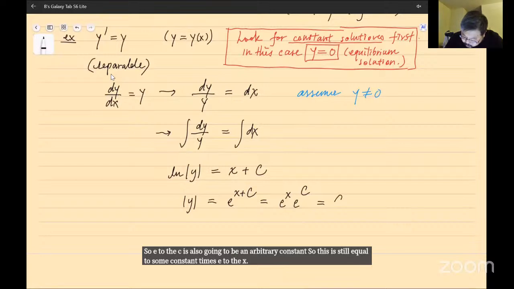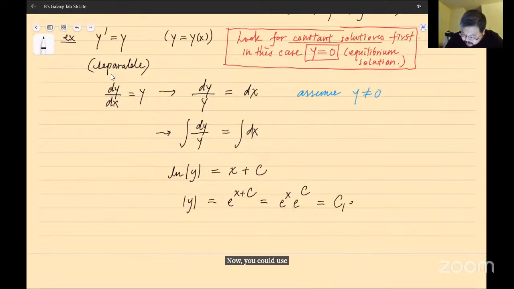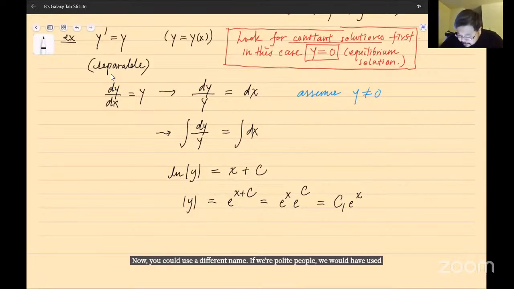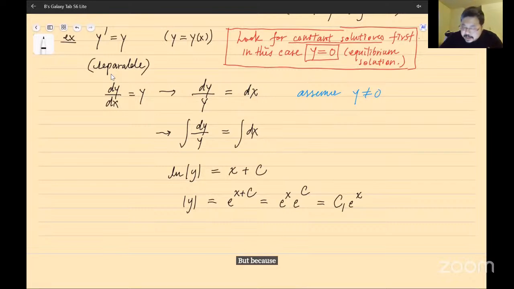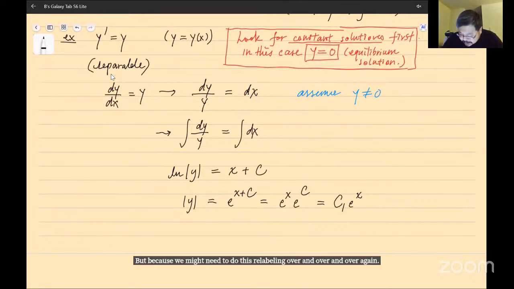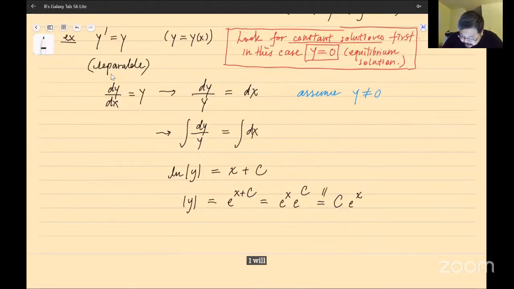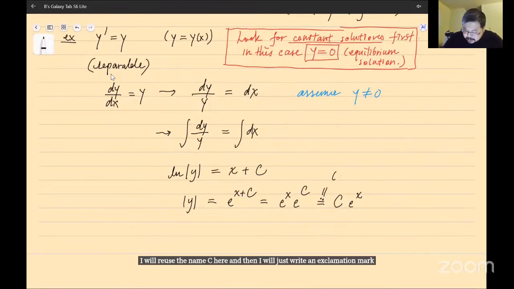Now, you could use a different name. If we're polite people, we would have used a different name called C1. But because we might need to do this relabeling over and over and over again, so long as we know that this is that arbitrary constant, I will reuse the name C here, and then I will just write an exclamation mark over here saying that we abuse the constant.